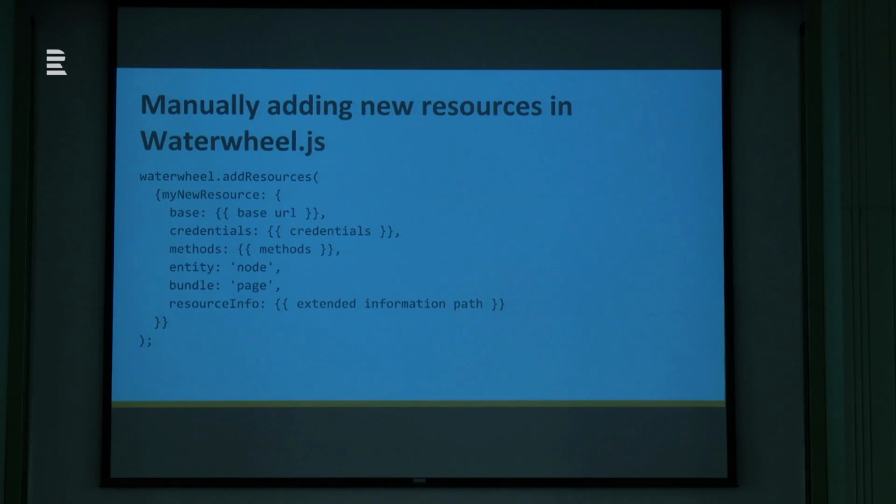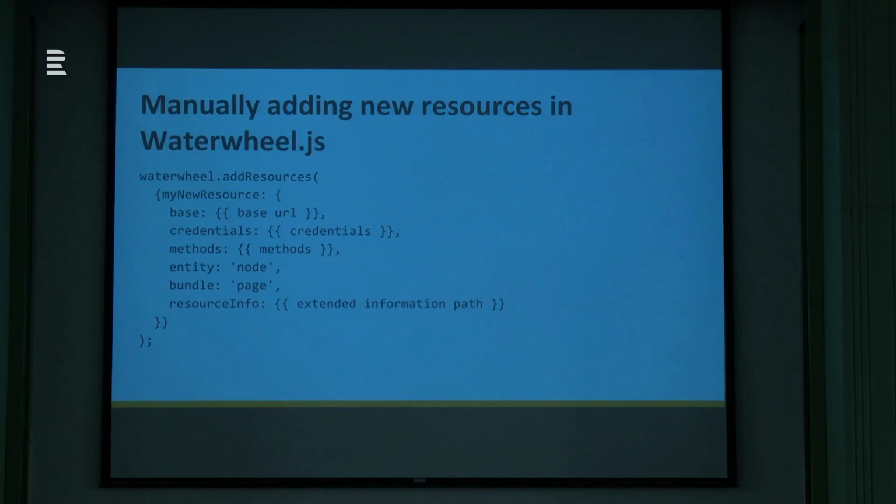Okay. So let's say that you want to create some sort of resource that is not currently available here. You need to create your resources manually. What this does is it gives you the ability to add your own resources that are available inside the Waterwheel API.